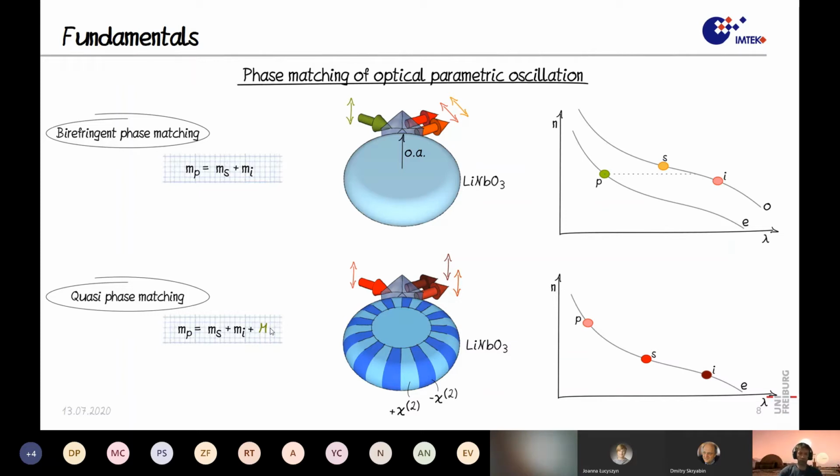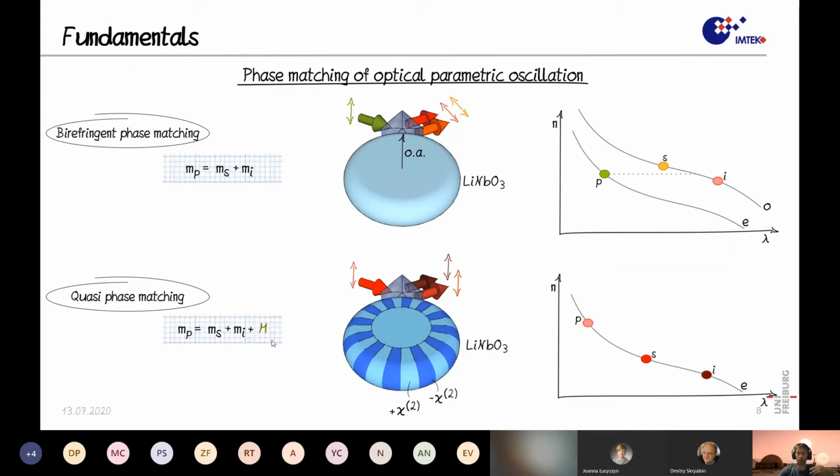In the single photon picture, you can think of it like you are creating an additional angular momentum by structuring this material.